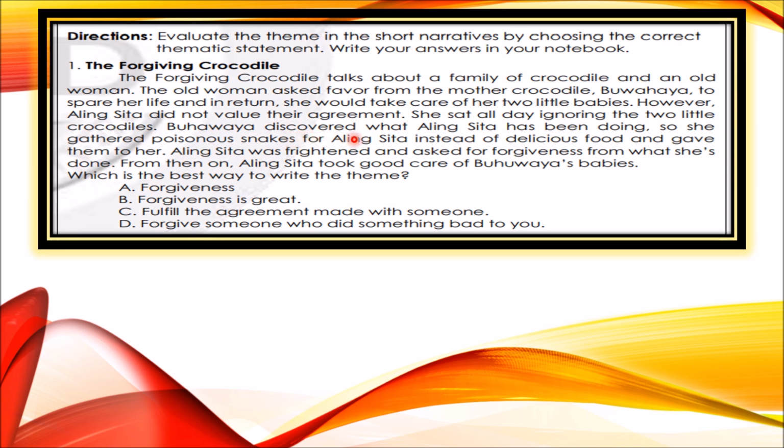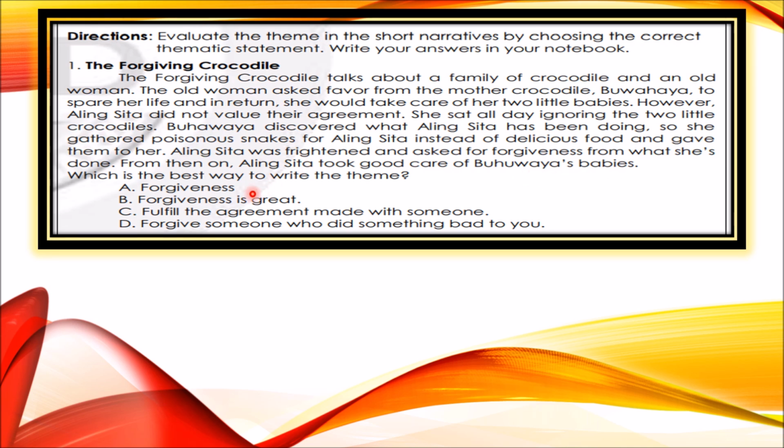Buhaya discovered what Aling Sita had been doing. So, she gathered poisonous snakes for Aling Sita instead of delicious food and gave them to her. Aling Sita was frightened and asked for forgiveness from what she had done. From then on, Aling Sita took good care of Buhaya's babies.